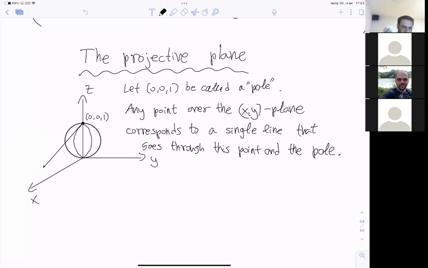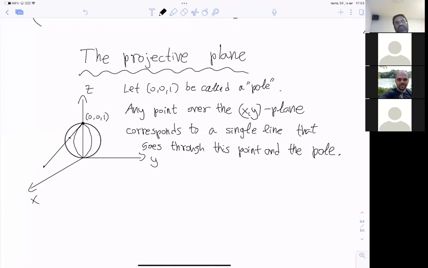So the point is above the XY plane or on the XY plane? Because you wrote over. No, it goes through the plane. It makes a hole here. So I can think of it as a ray. Yes, exactly.